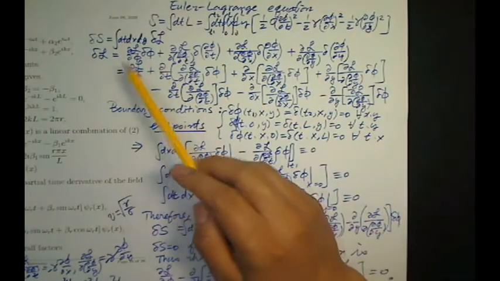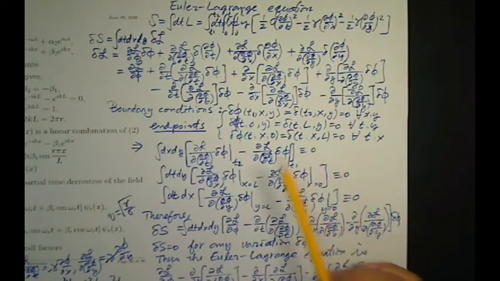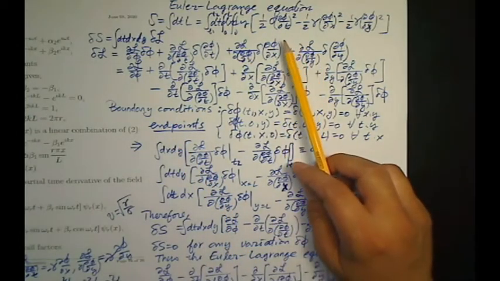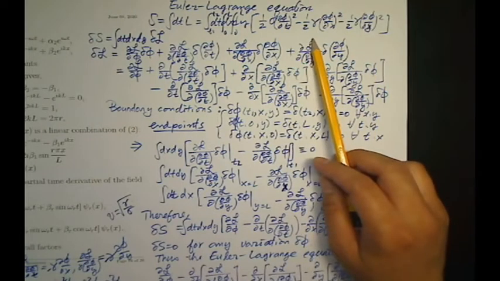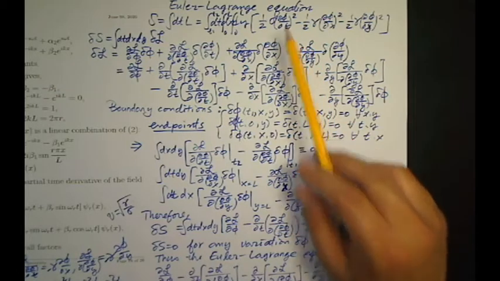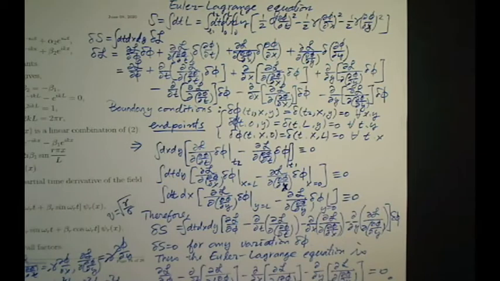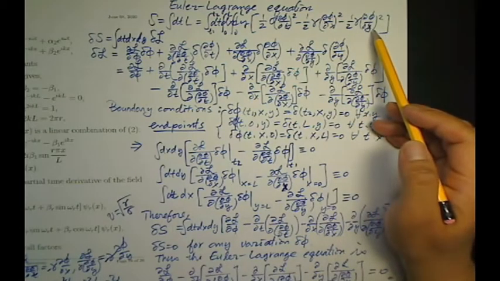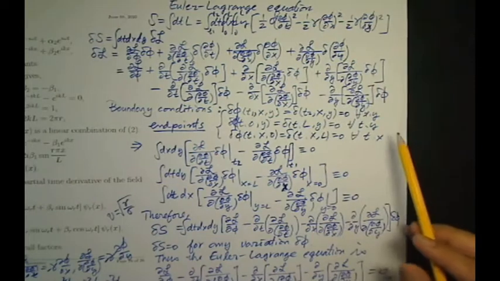The first contribution is the partial derivative with respect to the scalar field phi. And then, as we have computed explicitly, there are contributions related to the partial derivatives of the field. Because the field is a function of time and space coordinates in this two-dimensional problem, the time derivative of the field and the spatial derivatives, the x derivative and y derivative of the field phi, appear.